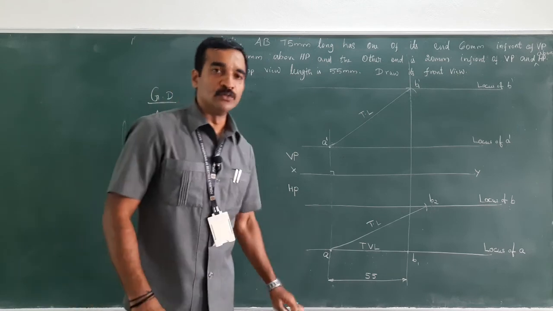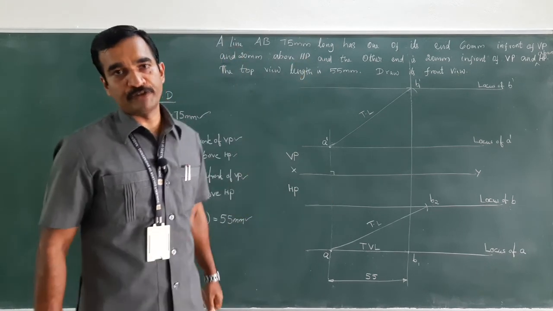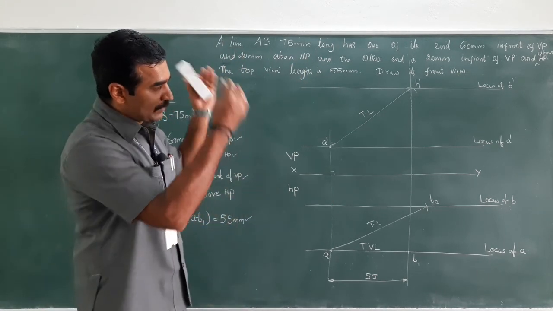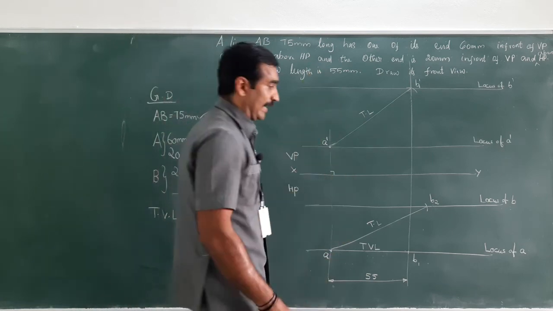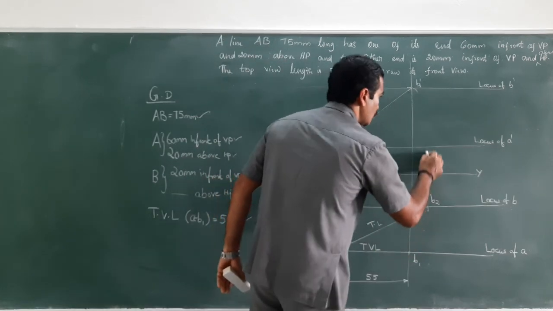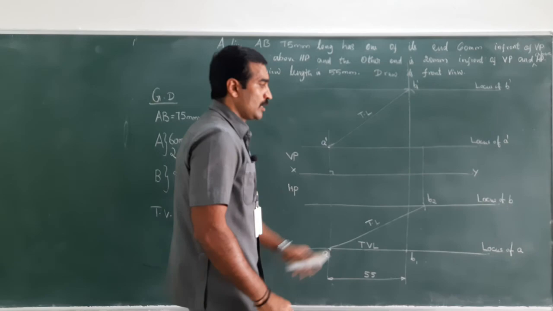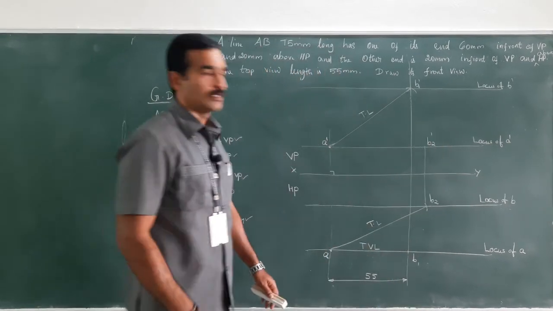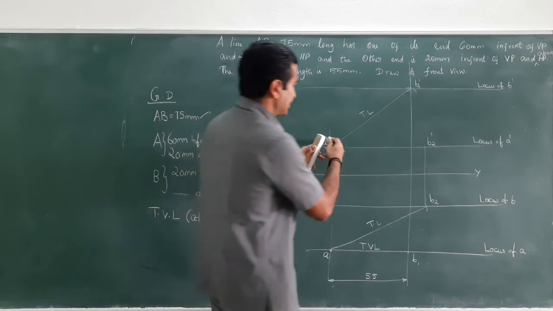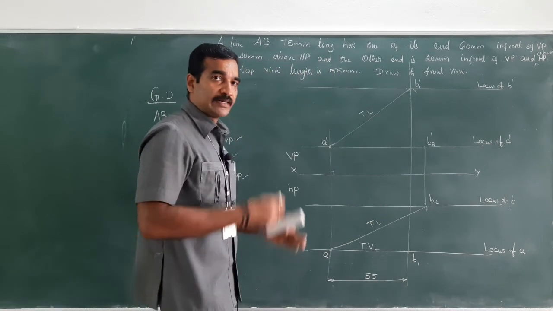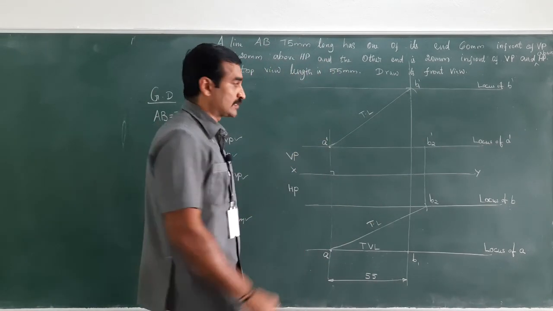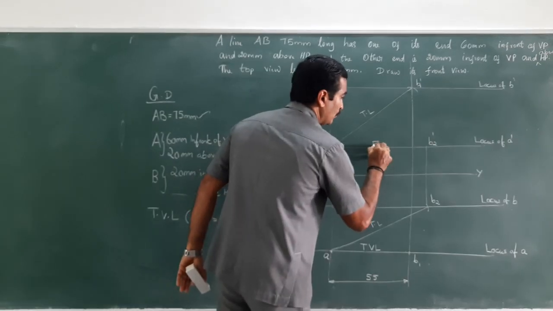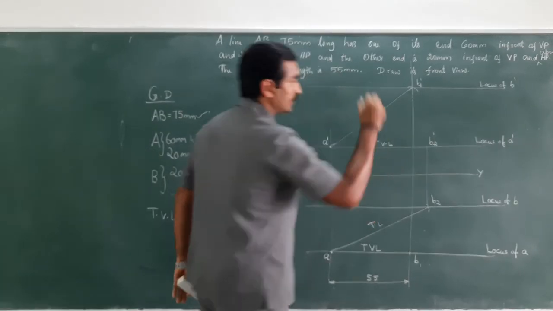This is the top view. Then what about its front view? We'll have to project that line to the locus of A dash, so B2 becomes B2 dash. Then what about the distance A dash to B2 dash? The distance between A dash and B2 dash is nothing but the front view length.